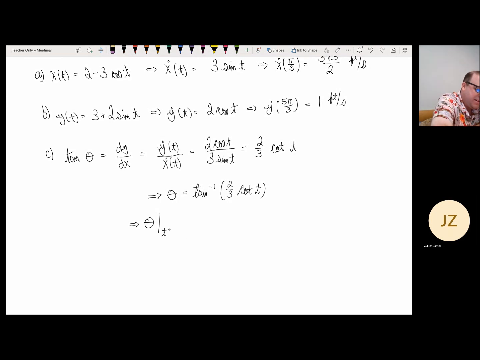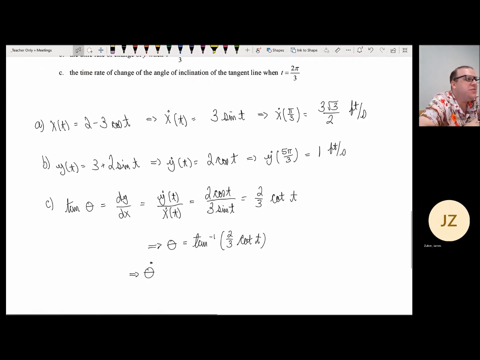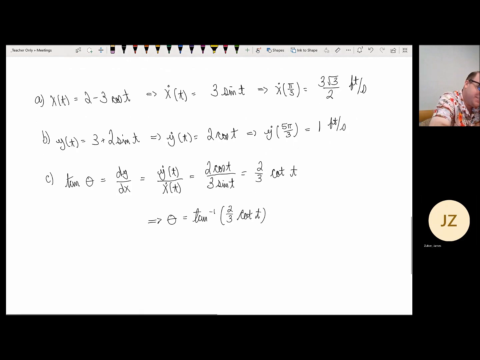Nope, I don't want that, not yet anyway, because they wanted the rate of change of this angle. Ooh, yeah, that's fun. So theta dot.